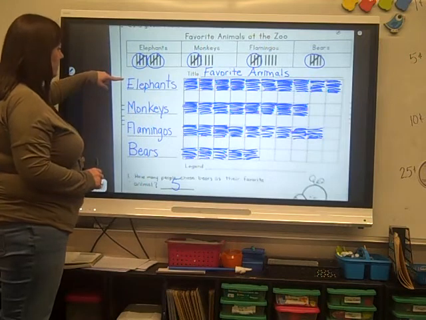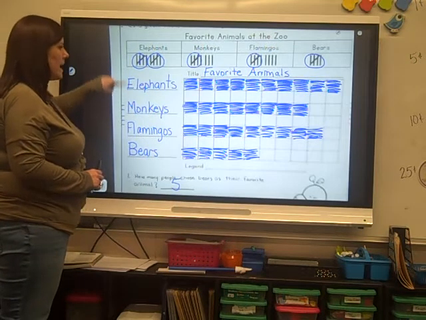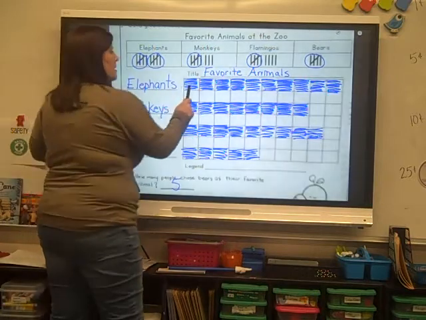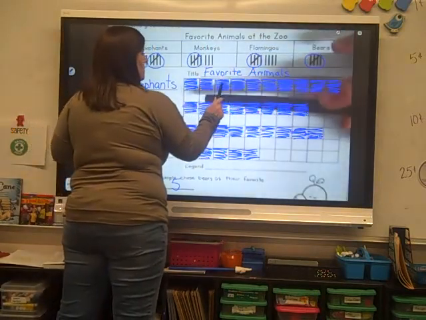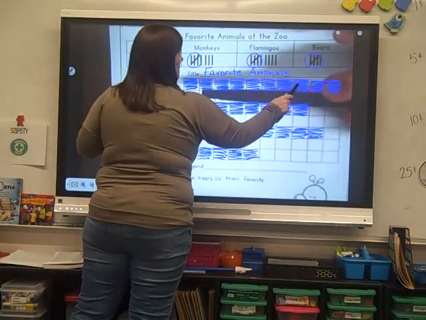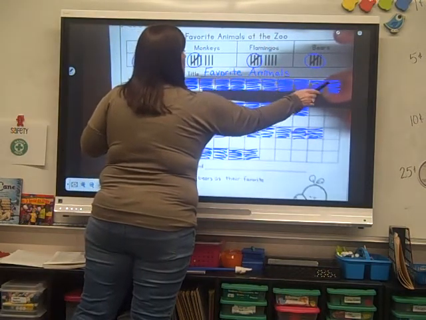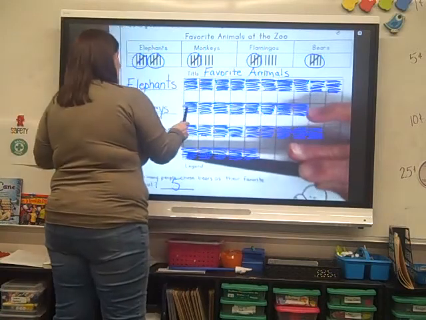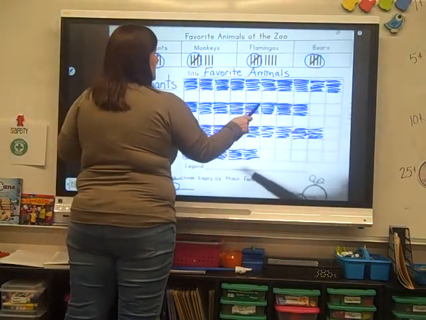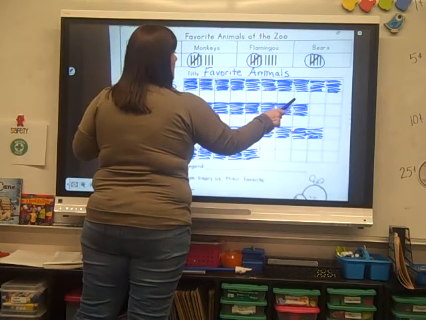Okay, so we've got elephants and monkeys. So we got to count all the votes for those 2. Can you all count with me? Ready? 1, 2, 3, 4, 5, 6, 7, 8, 9, 10, 11, 12, 13, 14, 15, 16, 17.